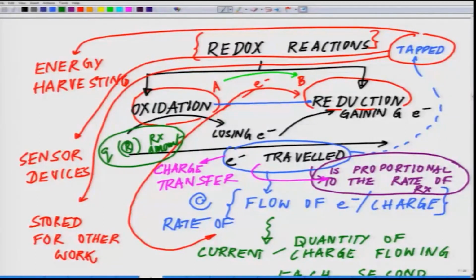Secondly, when there is a charge traveling, as I mentioned, we are talking about the flow of electrons, flow of charges. So, the flow of charges is also an indirect measure, or a direct measure rather, of the rate of the reaction. So, in other words, quantity of reaction and rate of reaction, that is what I mentioned.